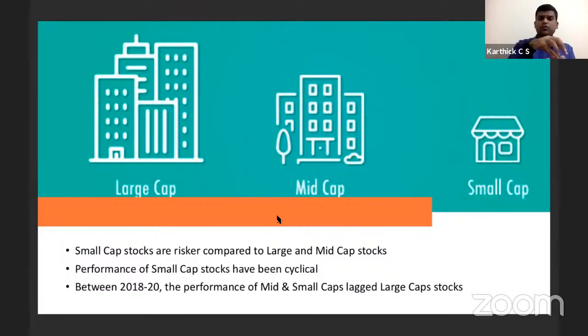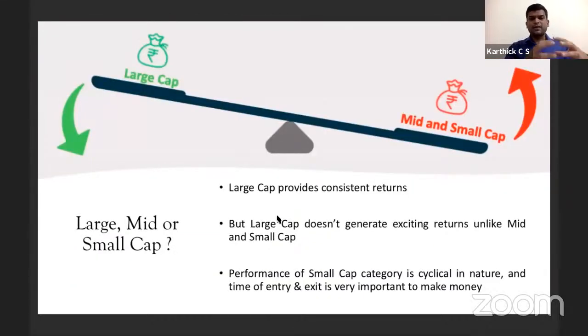So once we have defined large, mid, and small, we also need to understand the nature of each of these categories. When you look at large cap, as the name suggests, these are established companies of large size. The biggest advantage of large cap is that it gives you a great degree of consistency.